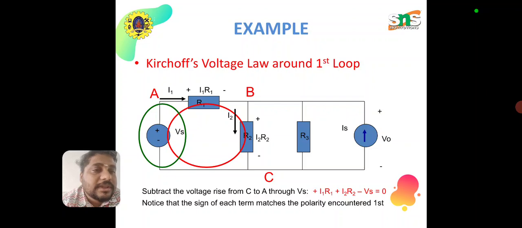So we can also express this equation as I1 R1 plus I2 R2 equal to Vs. The voltage source Vs is always equal to the sum of I1 R1 plus I2 R2. So this is the basic representation.